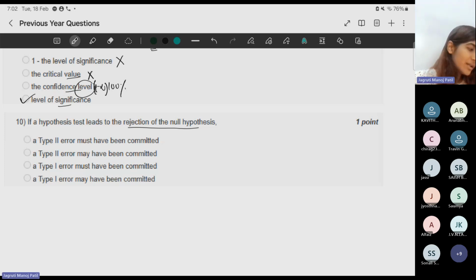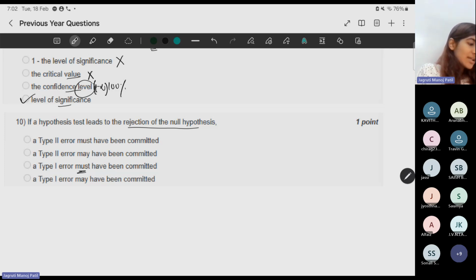A type 2 error must have been committed. Type which one? A type 1 error must have been committed. Okay. So we never say that it would be. We'll always say that it might be. So it may have been committed.